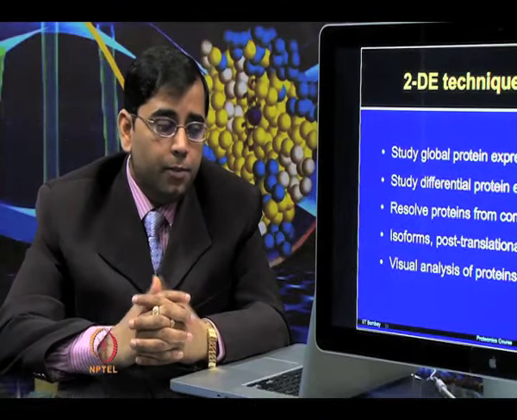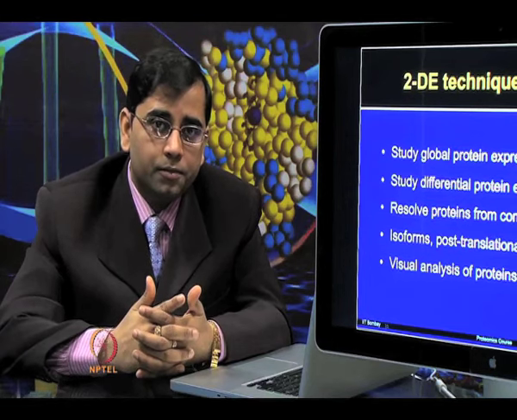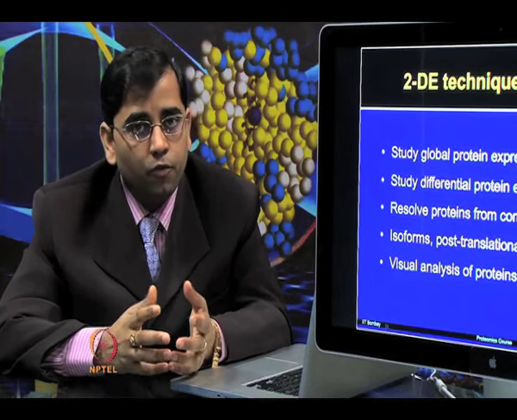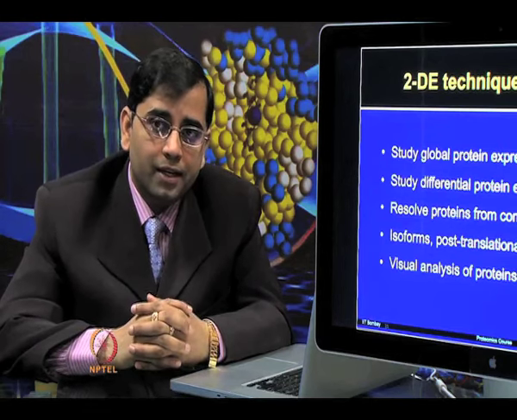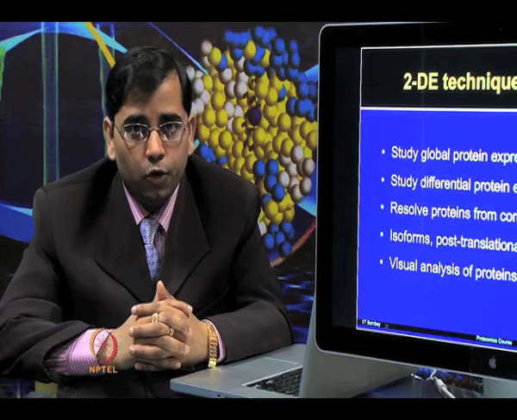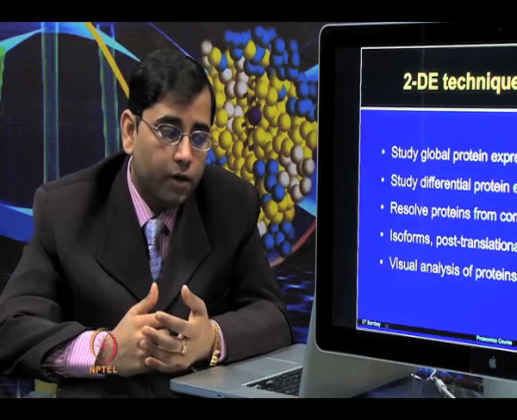In both of these cases, the two-dimensional electrophoresis can be used to resolve the proteins from very complex mixtures. People also study different types of isoforms or the post-translational modifications which occur in that process.